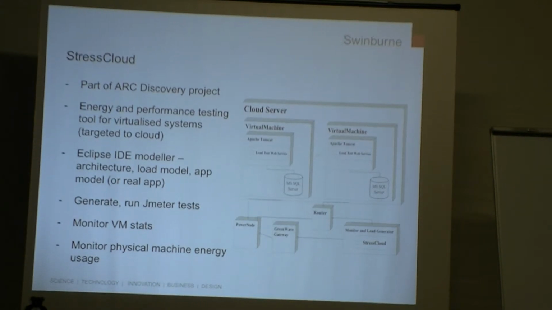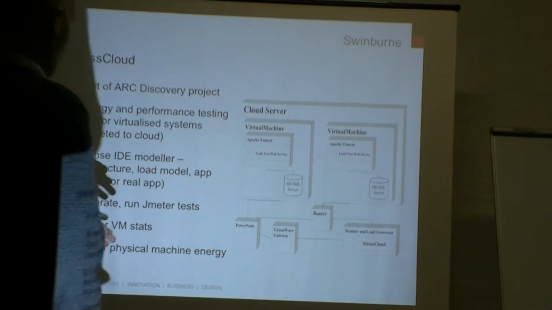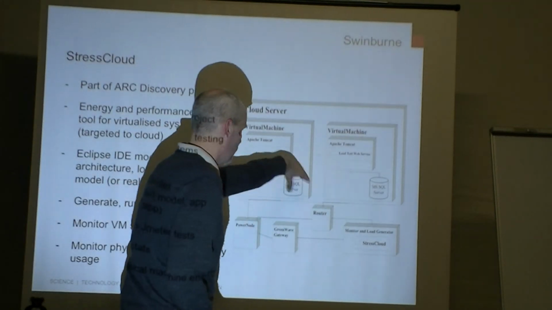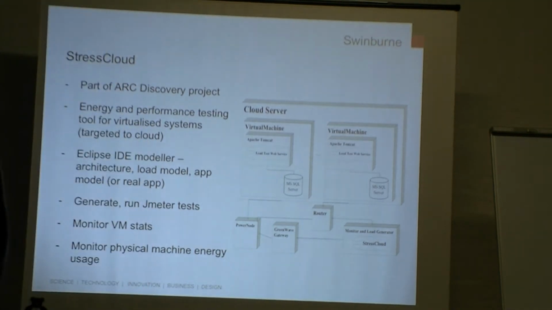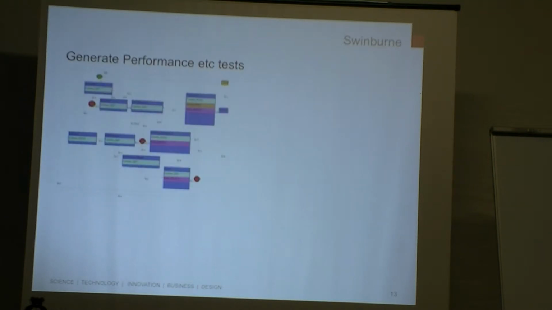And we monitor a whole bunch of VM virtual machine statistics and energy. So we have an energy platform where we actually monitor how much the various components are consuming, the physical servers, the routers and switches and so on. And so originally this was energy work, because again that's kind of hype these days in my area, but I'm more interested in actually the performance of the VMs under load. So again, what's that thing?